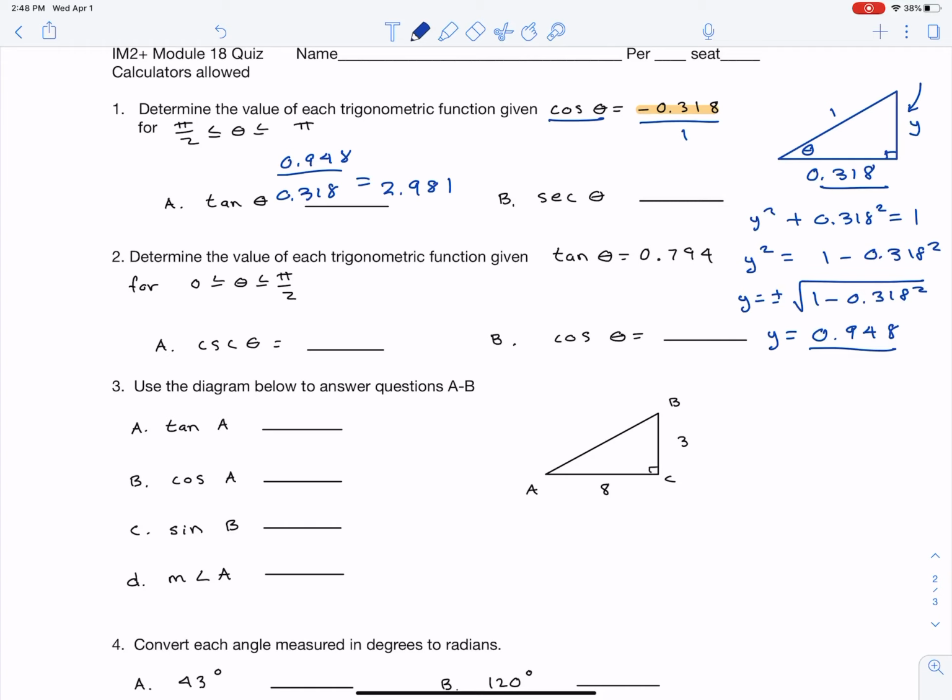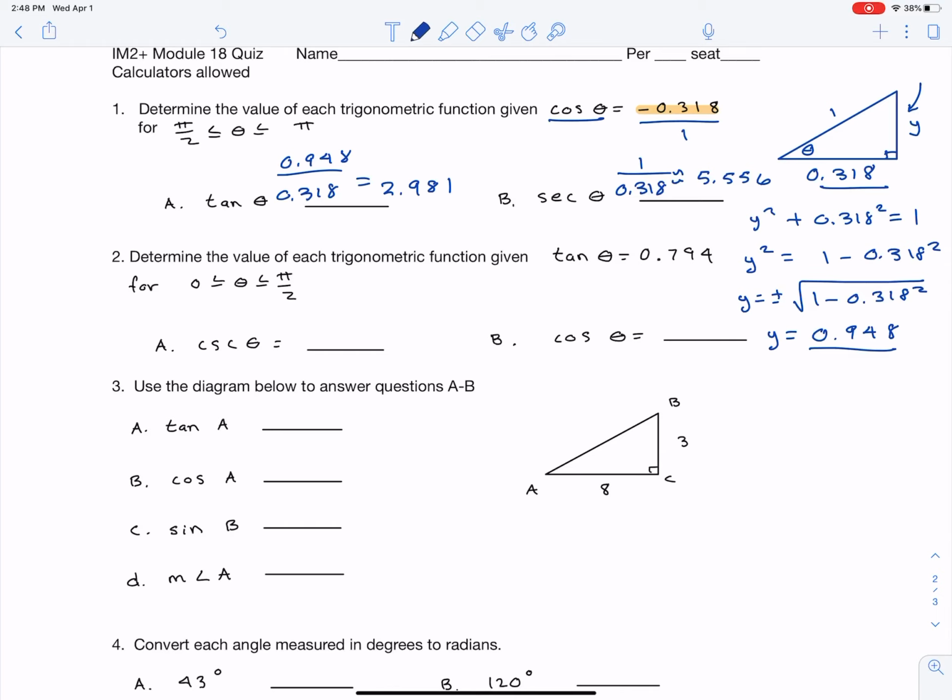Next, I'm going to go find the secant of theta. Secant is hypotenuse over adjacent. So secant is 1 divided by 0.318, which is approximately 5.556.